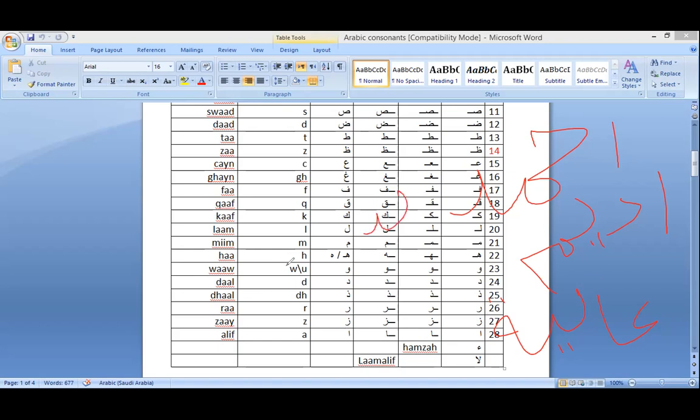For example, Sharif. This is Sha, and this is Ra. You see here there's a space because Ra is among the 6 letters that can never be joined with any other letter after it. Sharif, you give a space here, right? Firdausa.